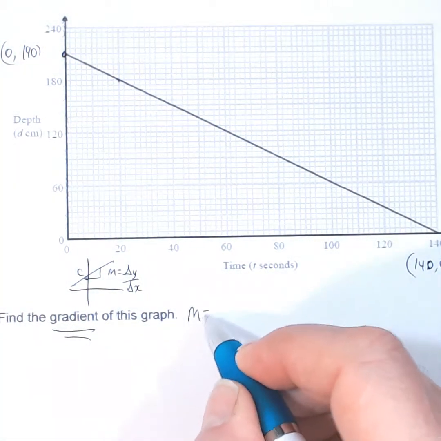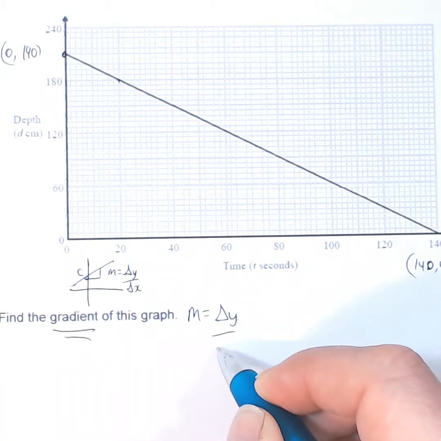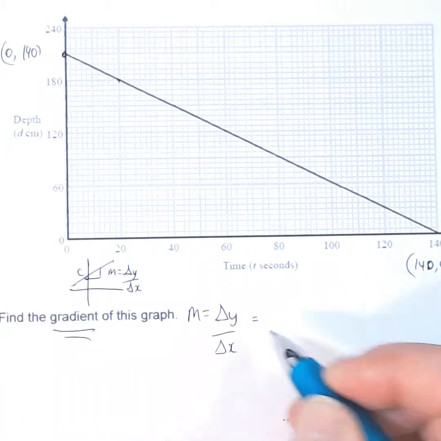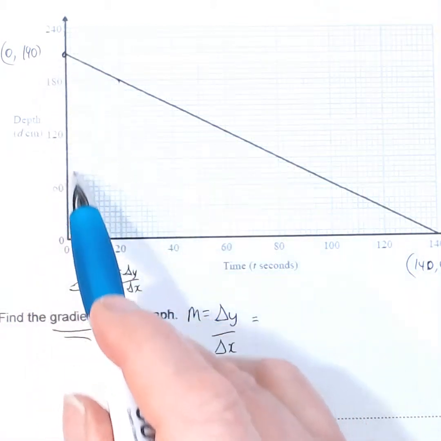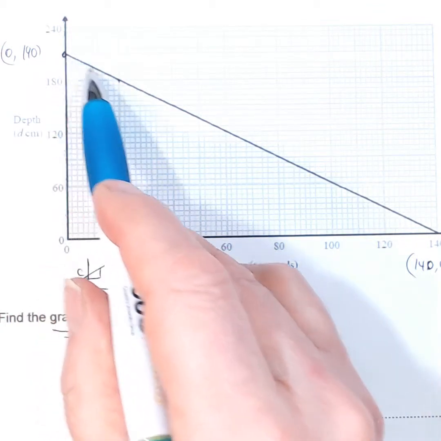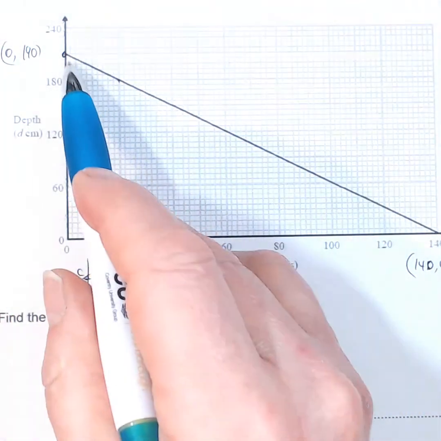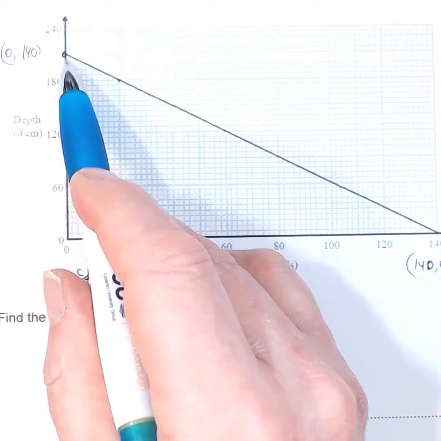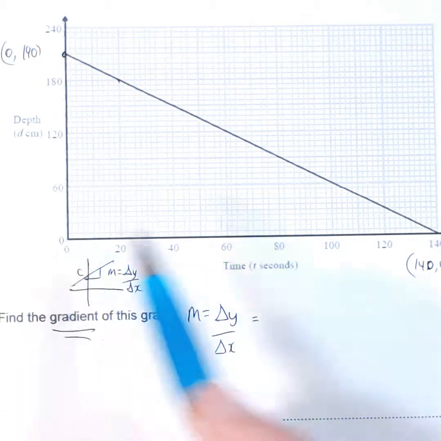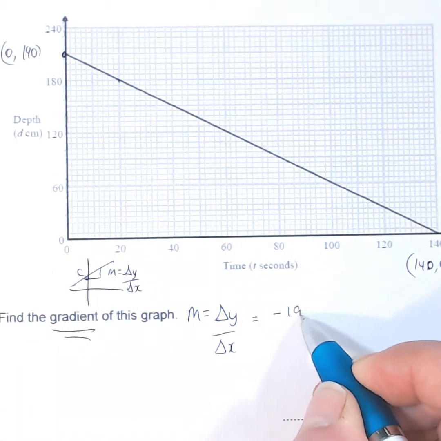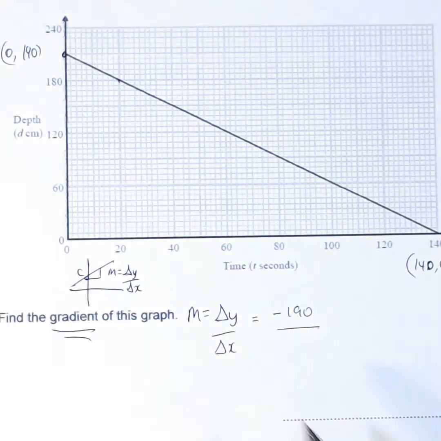So we know the gradient is equal to the change in the y coordinates divided by the change in the x coordinates. So in this case, the change in y, well, always look, this is a negative gradient. So our change in y means we've gone from 190 down to 0. So that's going to be negative 190.